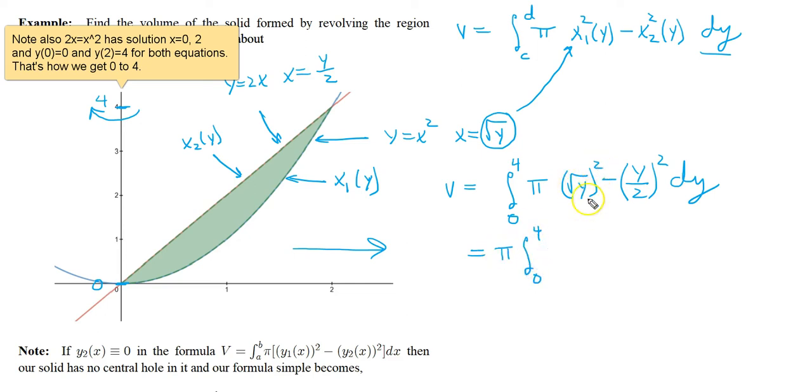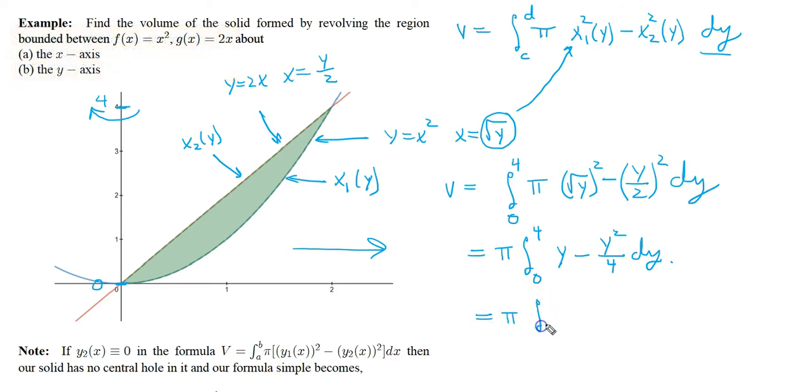Square root of y squared is y. Now the antiderivative of y, of course, is y squared over 2. Antiderivative of y squared is y cubed over 3, and then I divide that by 4, so we get, and then evaluate this from 0 to 4.